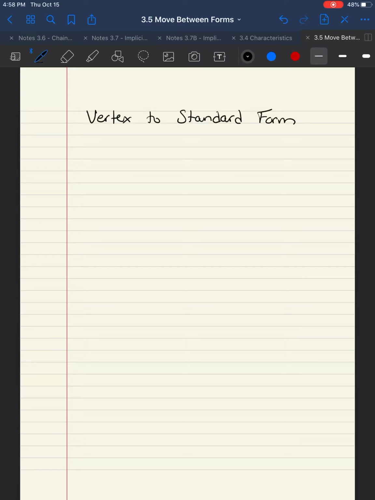And then finally, I'm going to show you how to go from vertex to standard form. Okay, first thing we're going to do is take the parentheses squared and write it as whatever's in those parentheses twice.